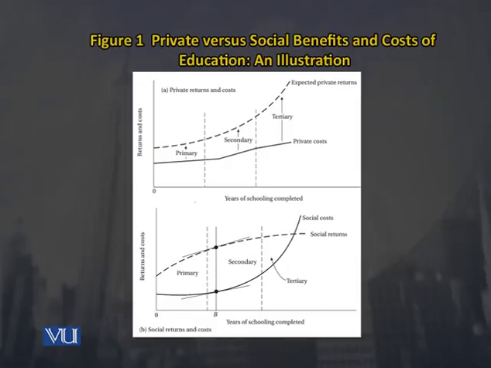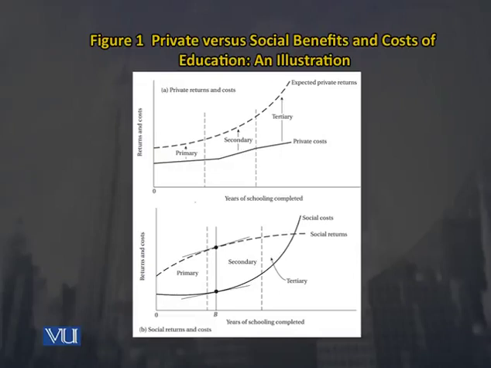So you can see that if we only consider private cost, the private cost for primary education is relatively low, for secondary education it increases, and then it slightly increases further. Its slope is positive and rises, which is for the tertiary education or the higher education.